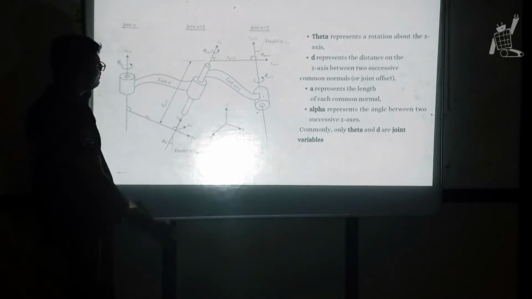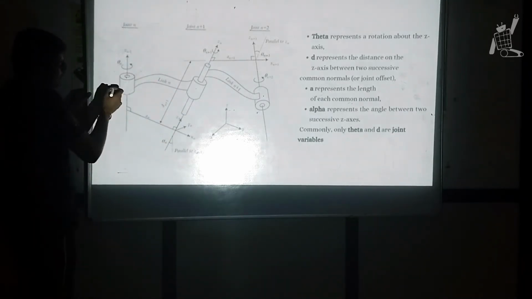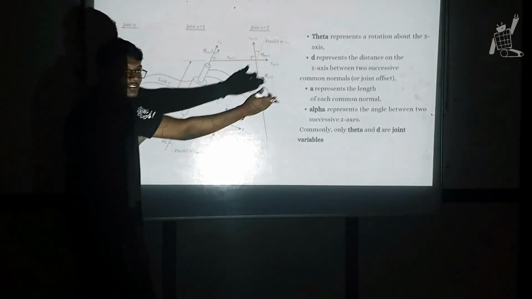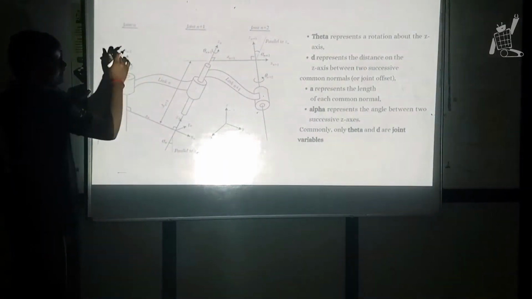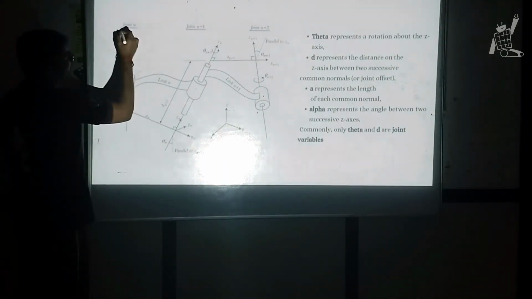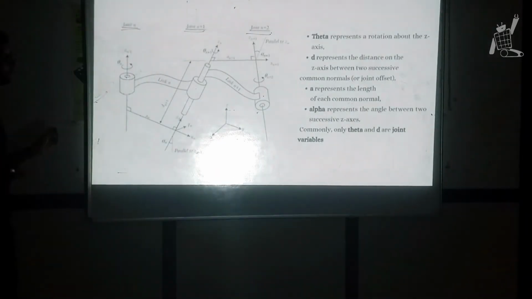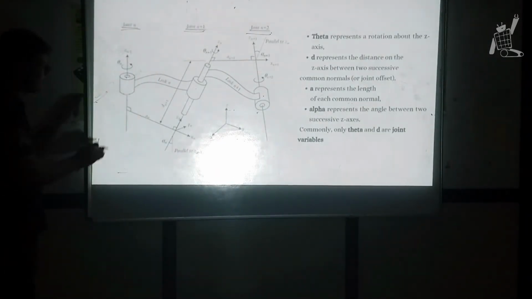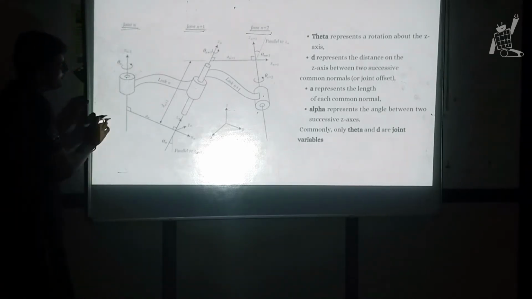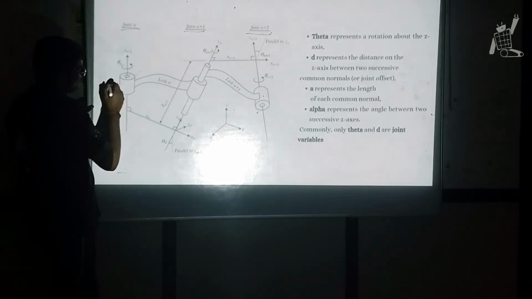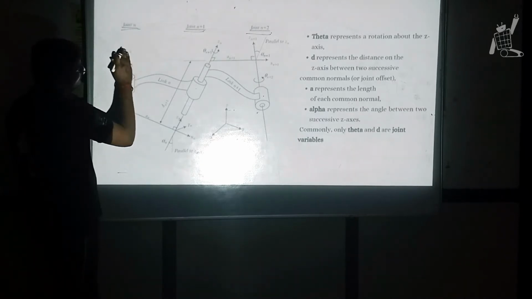Since this is a general robot, it consists of many links and joints. Assume we are just taking some links in between, joint n, joint n plus one, and joint n plus two, just for reference. It's a general thing. So this frame.